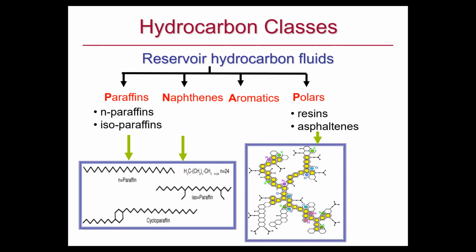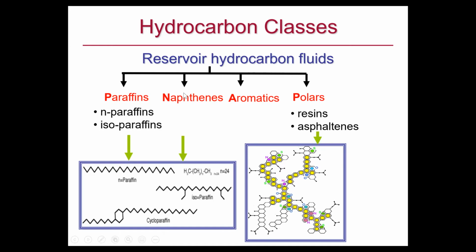So in general, we can divide the hydrocarbons into different categories: paraffin, naphthalene, aromatic, and polar. Paraffins are either normal paraffins, which are a straight line, or isoparaffins, which have a branch.